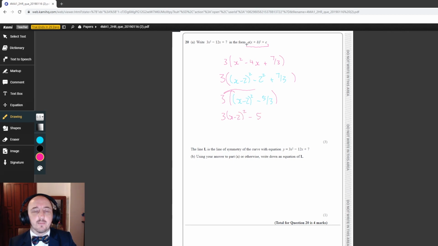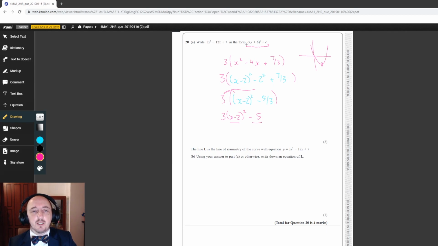minus 5. Okay, so completing the square is useful for us because we can use it to sketch a curve. And we can find the vertex, that point there, the minimum point of the graph, is given by this and this.